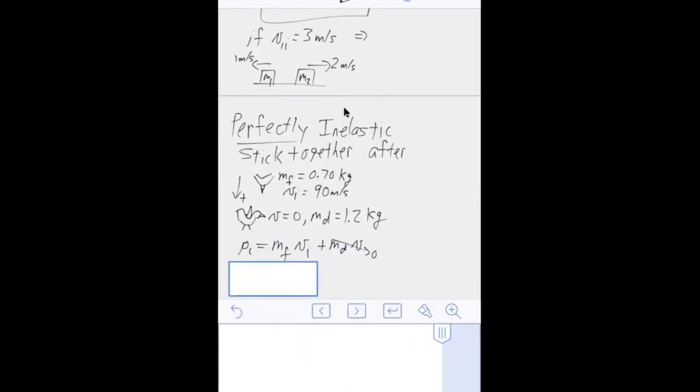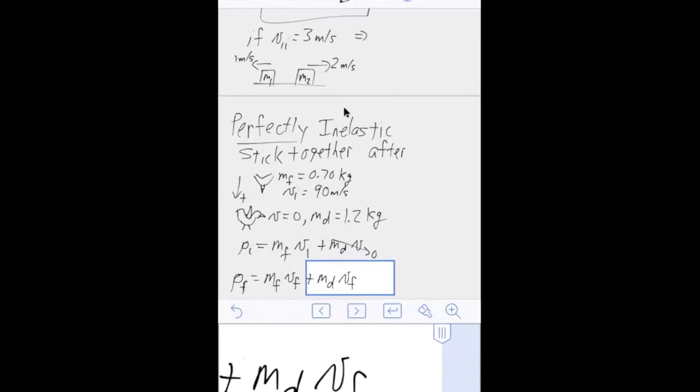And then the final momentum, P final, is equal to the mass of the falcon times V final, and I know I'm using F as a double duty subscript here for falcon and for final, plus the mass of the duck times V final. Now, there's two ways that you can think about this.